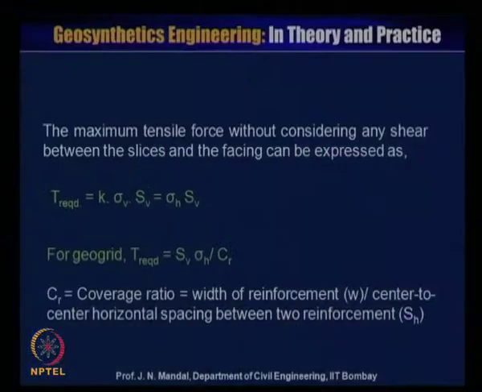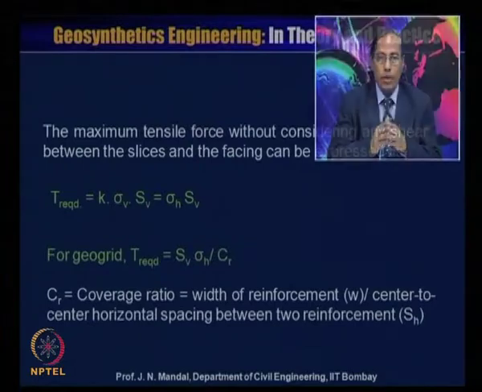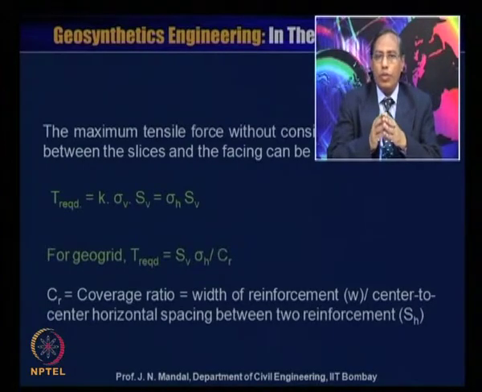The maximum tensile force, without considering any shear between the slices and the facing, can be expressed as T required is equal to K into sigma V into HV. You know K into sigma V is equal to sigma H, and HV is the spacing between the two reinforcements.